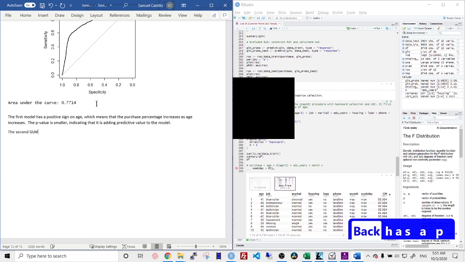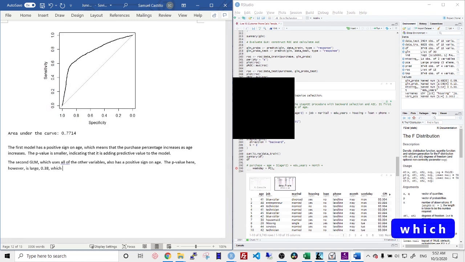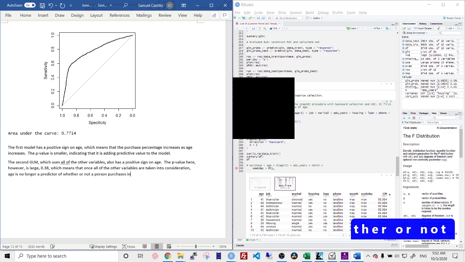The second GLM, which uses all of the other variables, also has a positive sign on age. The p-value here, however, is large, 0.38, which means that once all of the other variables are taken into consideration, age is no longer a predictor of whether or not a person purchases insurance.